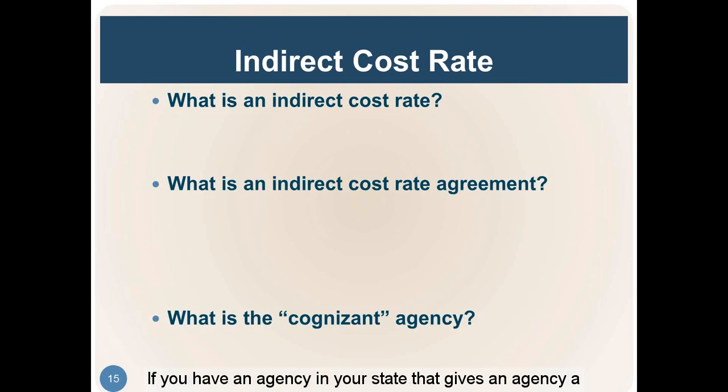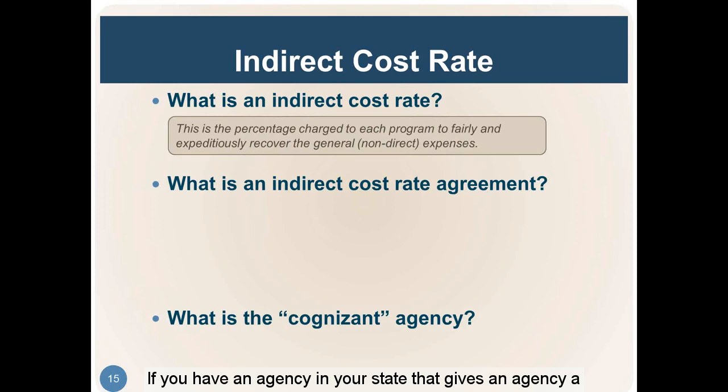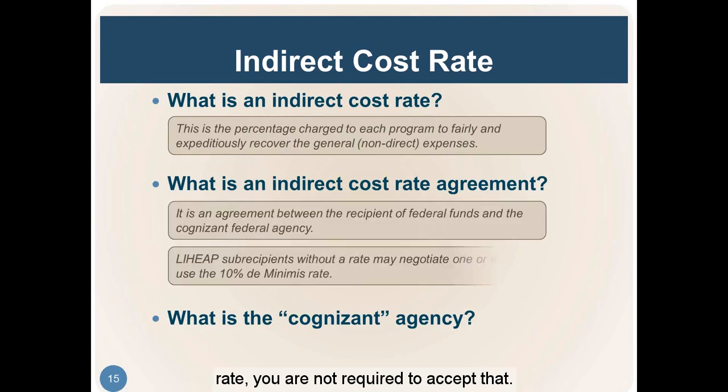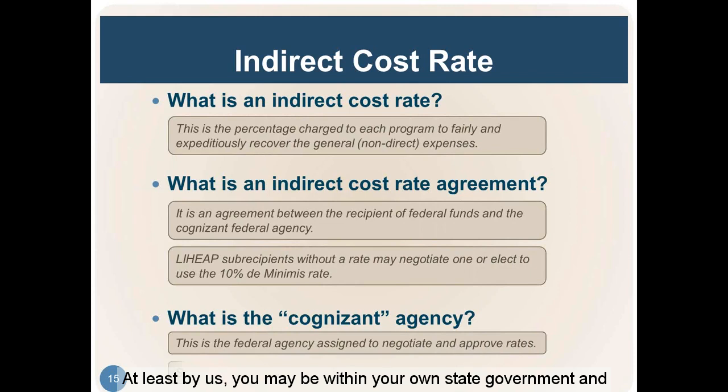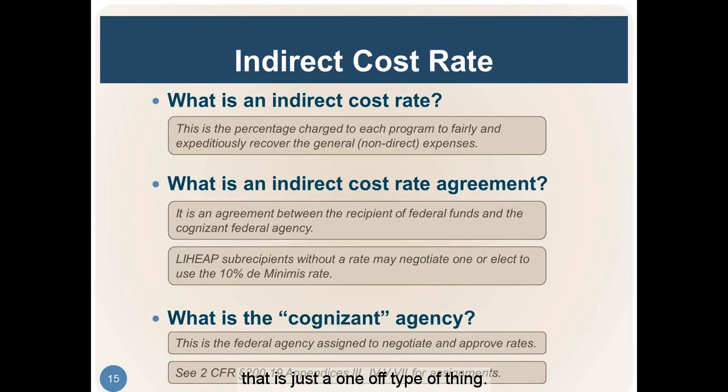If you have an agency in your state that gives an agency a rate, you're not required to accept that, at least by us. That may be a one-off type of thing within your own state government. But essentially, it's an agreement between the federal agency and the grantee who's handling those funds.